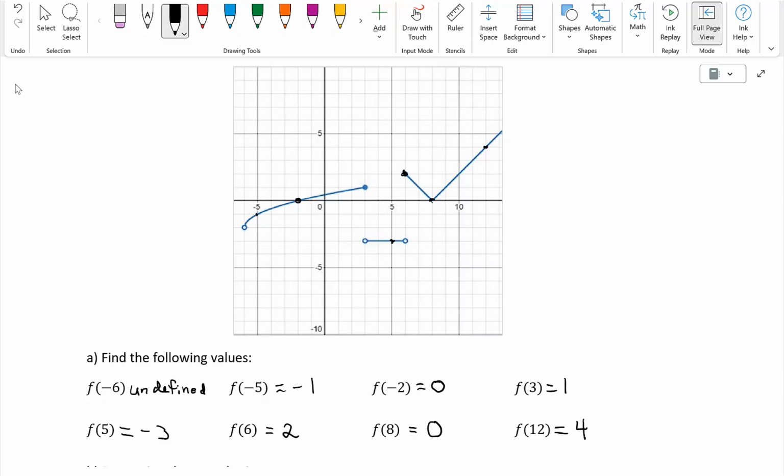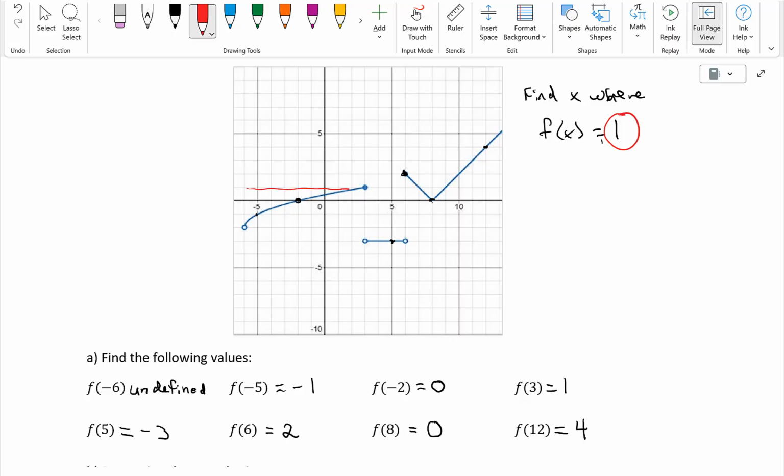Something I didn't put on there, but just to keep refreshing it for you. If I said find values for x, so find x where f of x equals 1, again, that means our function value is 1, right, or our y value.